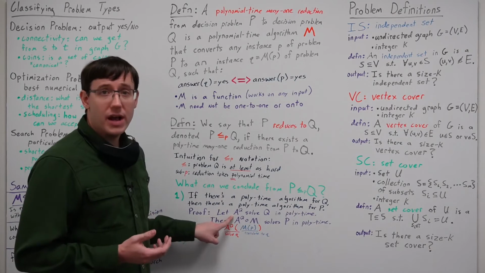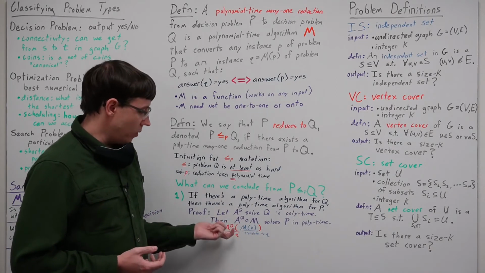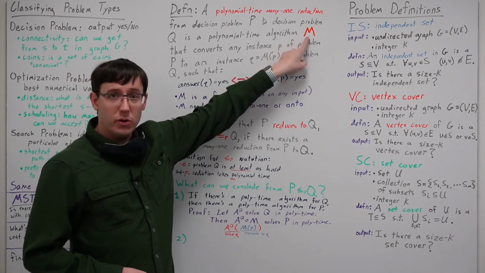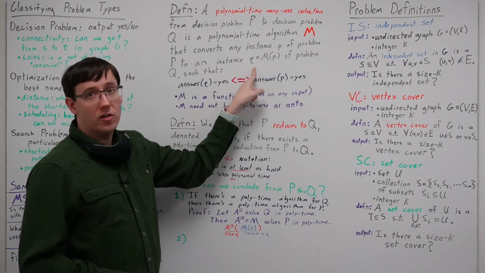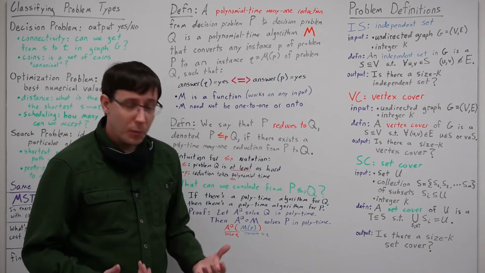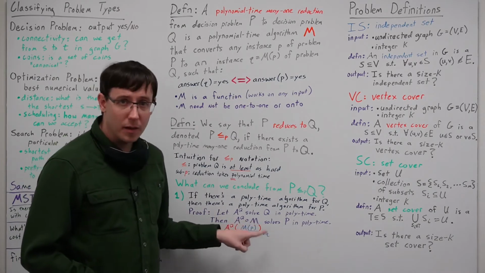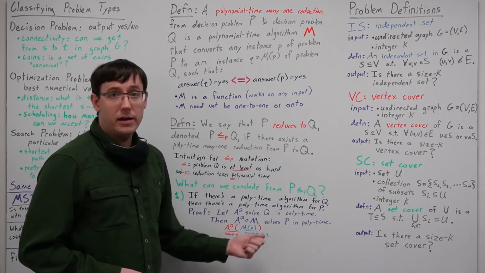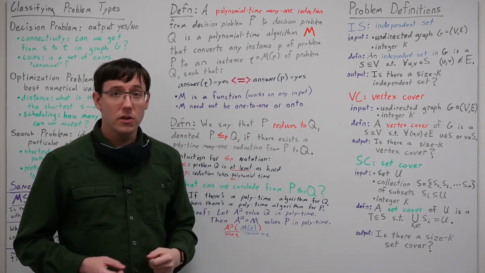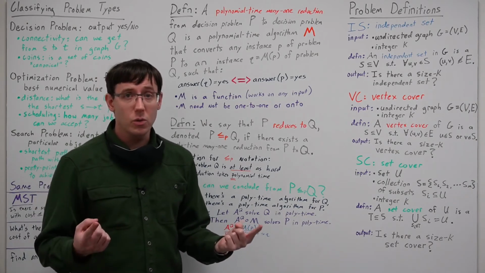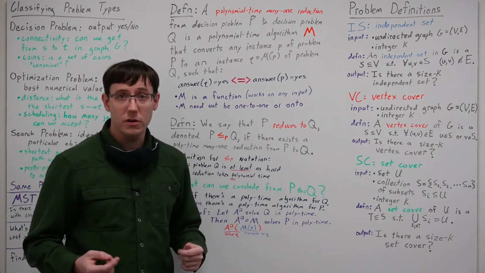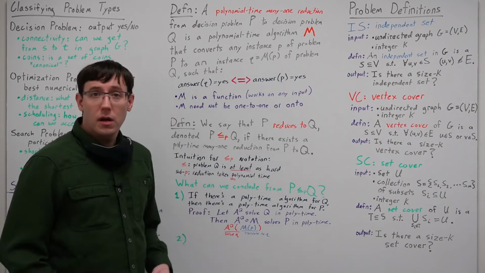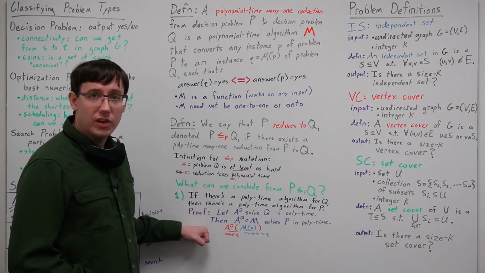So if A is an algorithm for Q, then we can run A on the output of M, where M is producing an instance of problem Q. And so the composition of A and M is a function that takes an instance of problem P and outputs yes or no. So as long as the translation and solving Q steps are correct and efficient, the algorithm correctly and efficiently solves problem P. But this is the same way of using reductions that we've seen before.